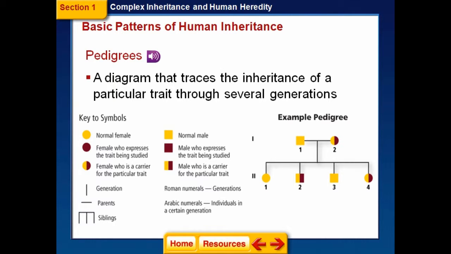If they're half and half, it means that one of their alleles is the trait. And if they're completely burgundy or maroon, then it means they have both. Both of their alleles are the disease trait.